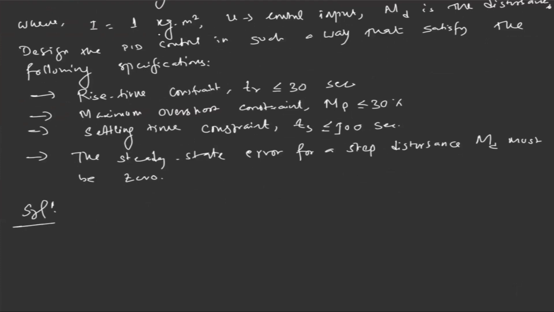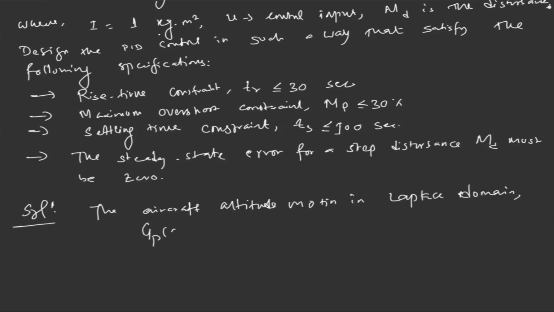Solution. So we'll be designing the control system in frequency domain, and the aircraft attitude motion in Laplace domain we can write as GP of S equal to 1 upon S square.